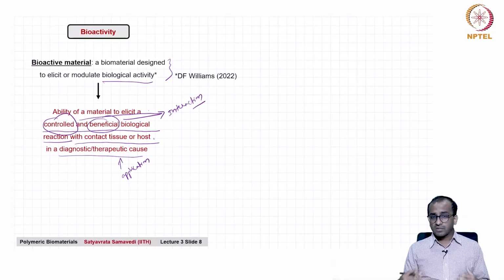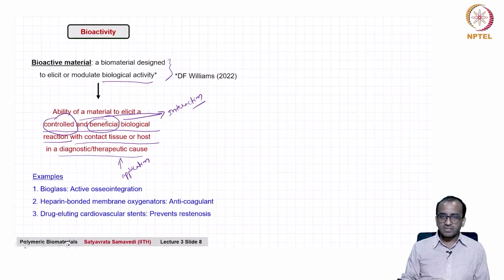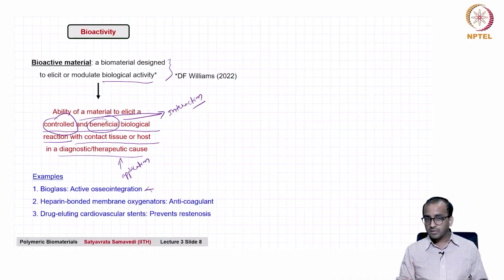We will look at more specific examples of bioactive materials as we go through, but just a quick snapshot here of some quick examples. One example is bioglass, which we looked at very briefly in the previous lecture.